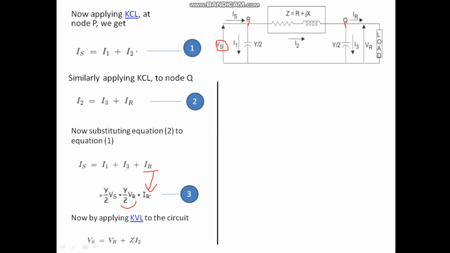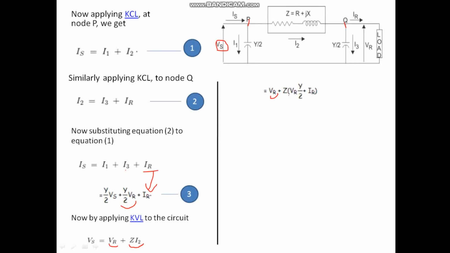So that is the same expression, Z into I2, which is written here. Now further simplifying, VR is kept as it is, Z is kept as it is. I2 I have to substitute now.